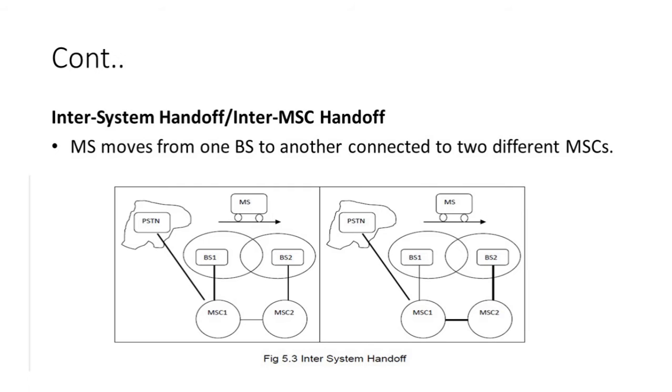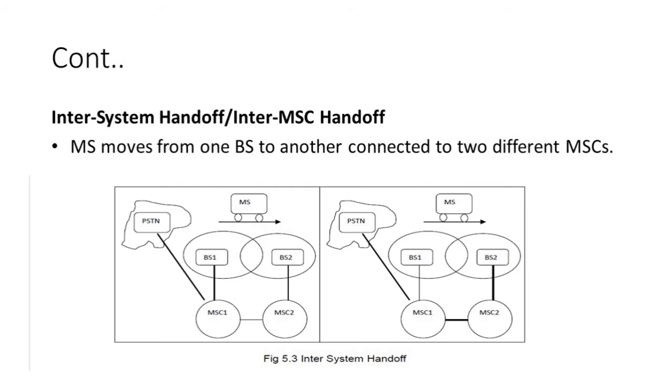You can see this through the dark lines in the diagram. First BS1 is connected to MS1, MSC1, and then BS2 tries to connect through MSC2. MSC1 instructs MSC2 to establish the connection when a strong network is found.